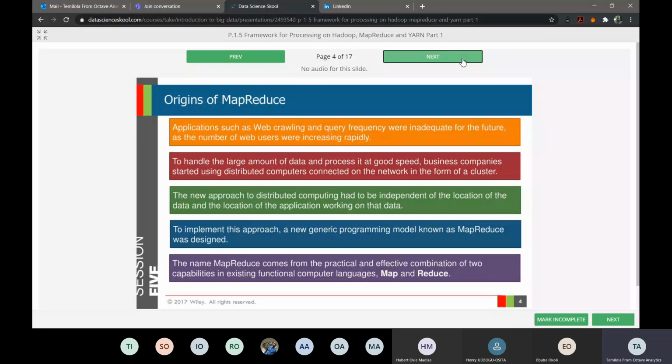You need to take note of this. I'm explaining the main process of your MapReduce. We call it MapReduce, but in actual sense, the real operation is map, shuffle and sort, then reduce. So you need to take note of it.